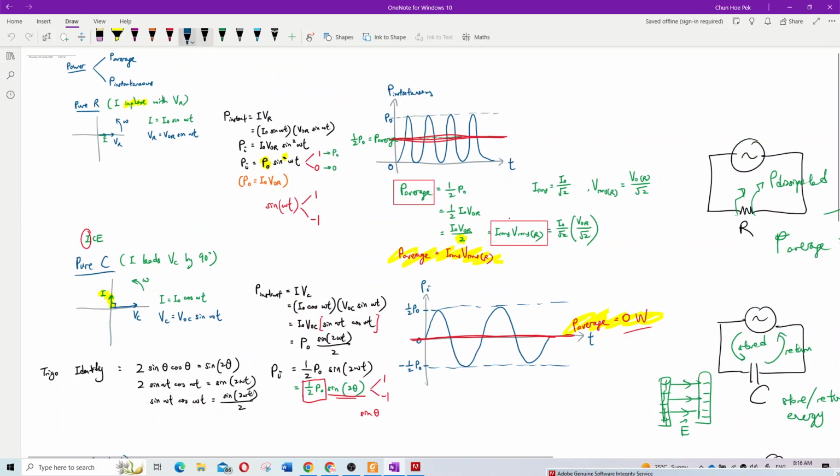So the formula for average power is IRMS VRMS R, but this is a pure resistor circuit.